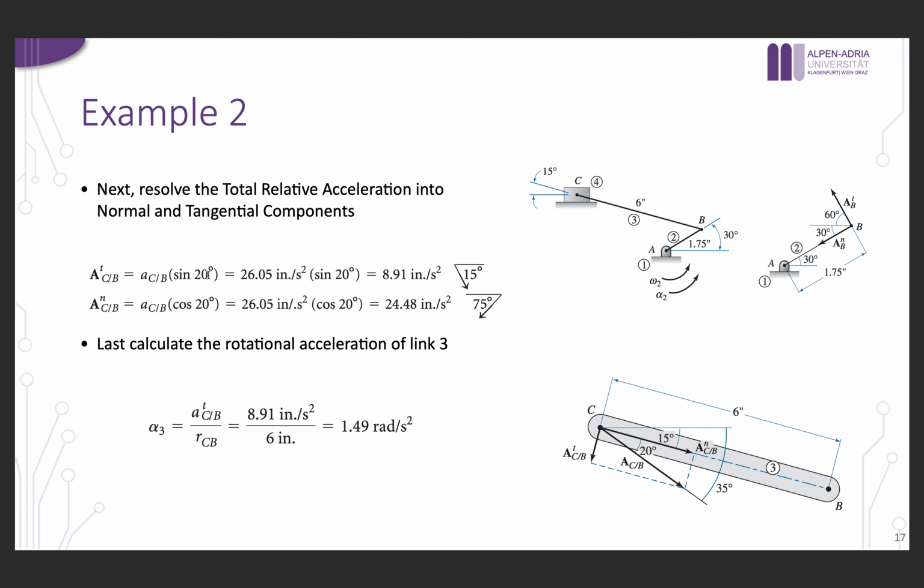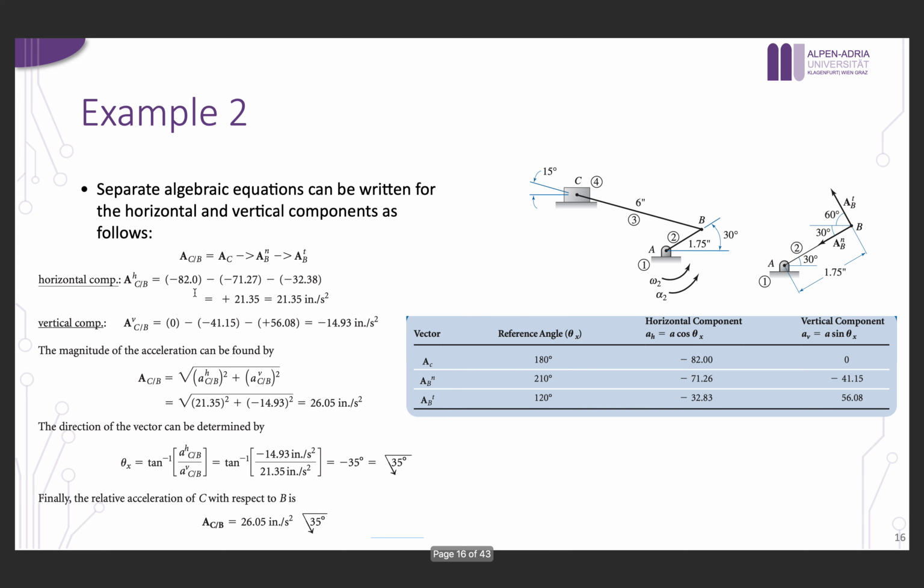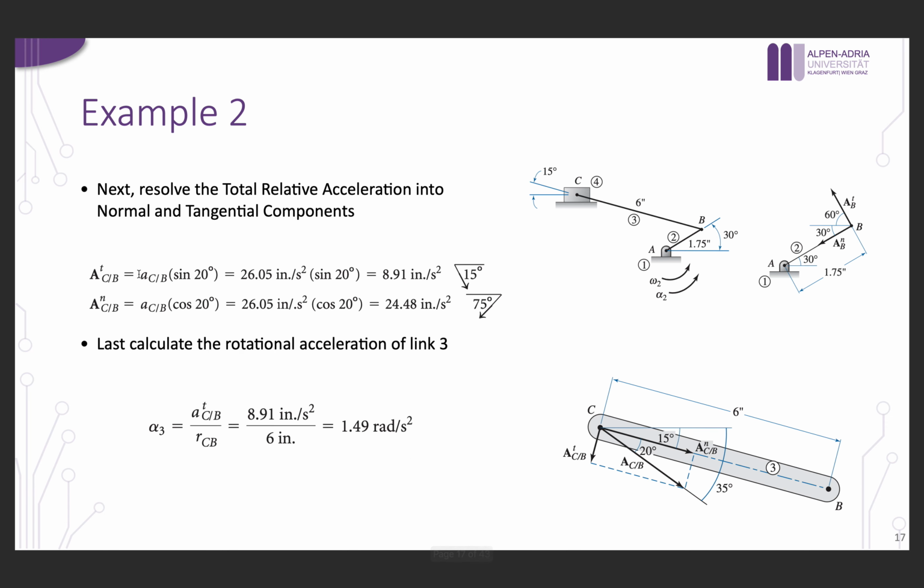If I know how to project that, then I have the magnitude with the sine of 20 degrees and the magnitude with the cosine of 20 degrees. And how we estimated that: this is the link, and the relative acceleration is basically the acceleration that is connecting points B and C. The total acceleration that we have estimated is this one here.